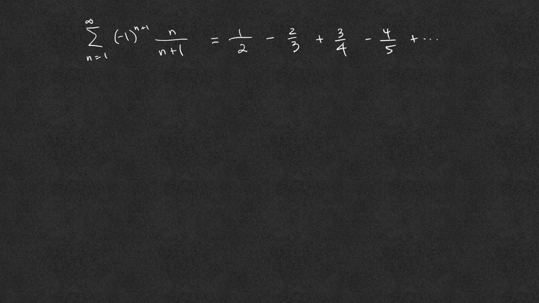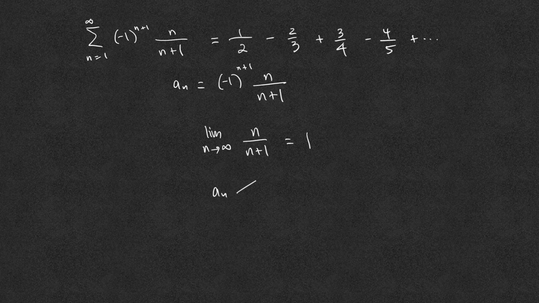We suspect that as n goes to infinity, the nth term a sub n is negative 1 to the n plus 1 times n over n plus 1. But regardless, if we take the limit as n goes to infinity of n over n plus 1, we see that this limit is 1, so the a sub n term is either 1 or negative 1.